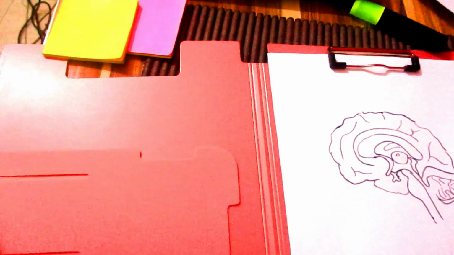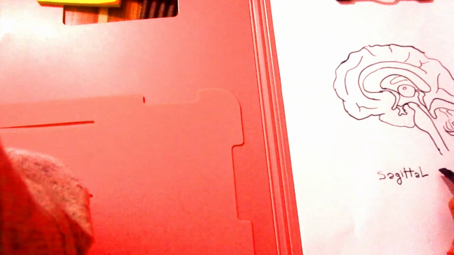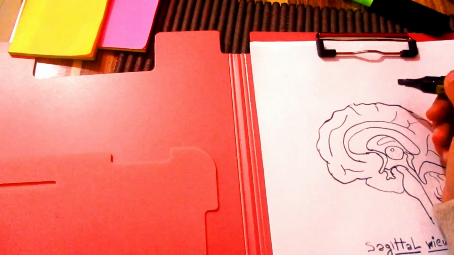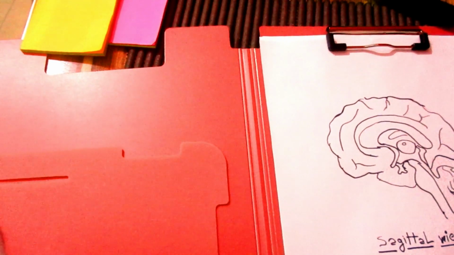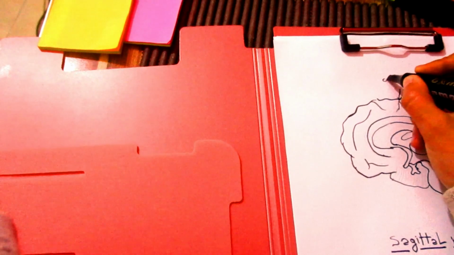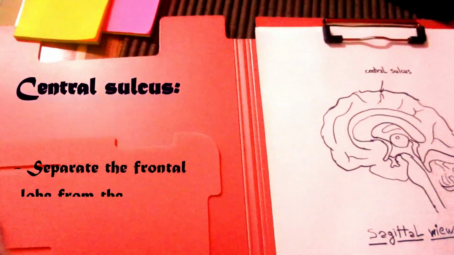Here we are looking now at the sagittal view of the brain. Even though I had already talked about the different lobes of the cerebral cortex, I will talk again about it quickly just as a reminder. Here we have the central sulcus, which separates the frontal lobe from the parietal lobe.